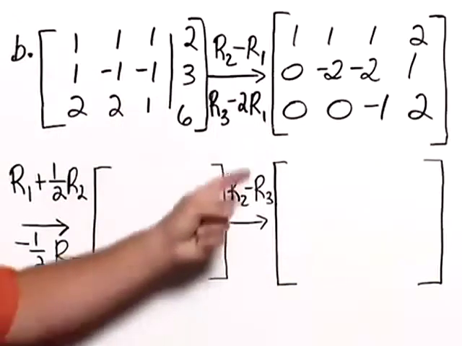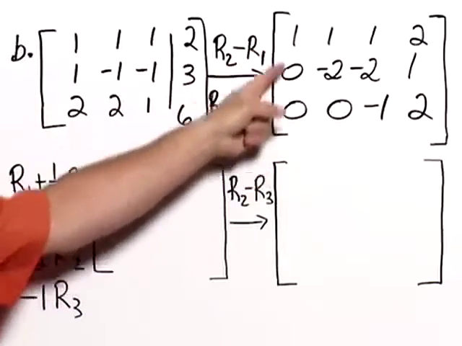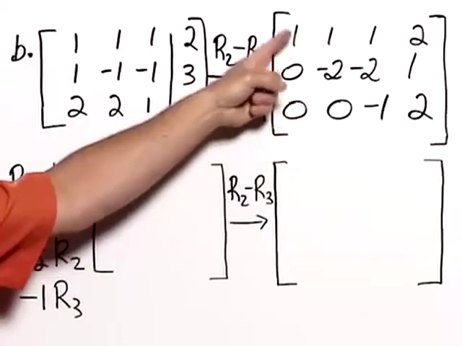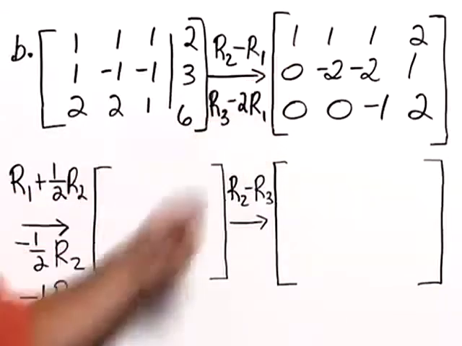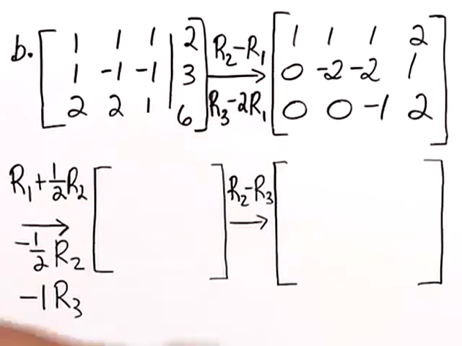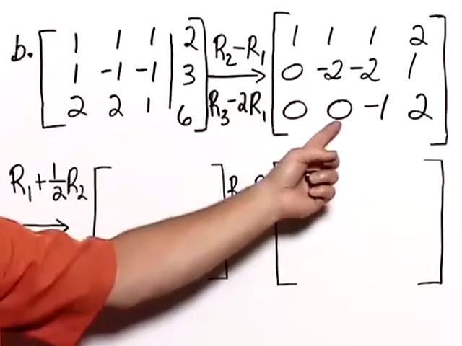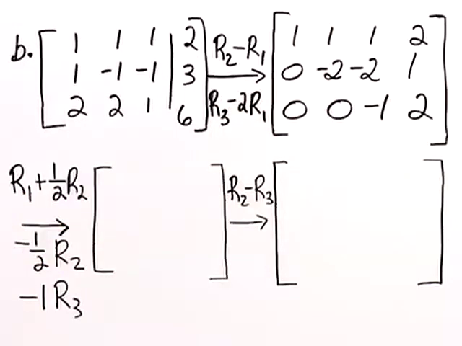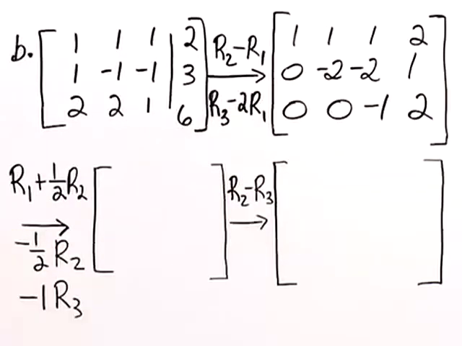So you can already begin to see that we're creating zeros in column number 1 with, of course, a 1 in the first position. Fortunately, we also began to create a 0 in column 2 in the third row. So we're well on our way to establishing our matrix that we want to get our solution.